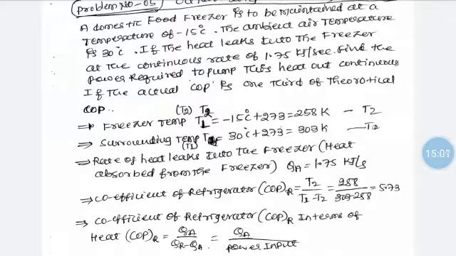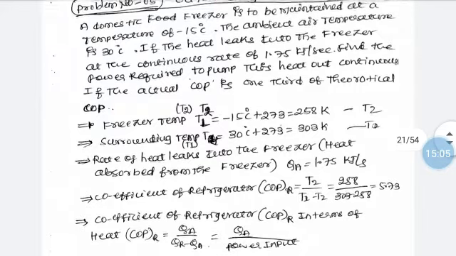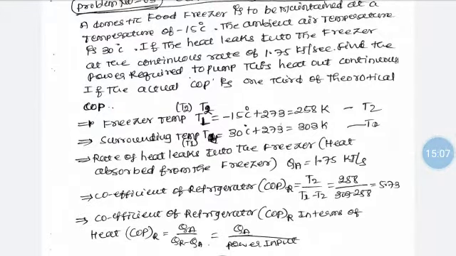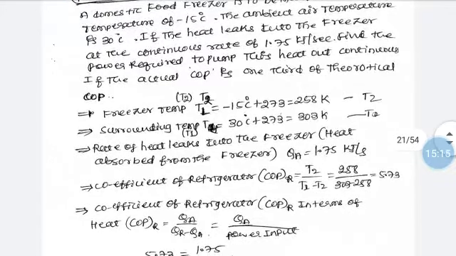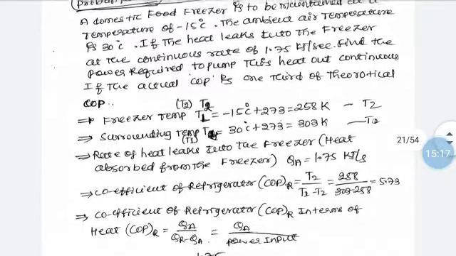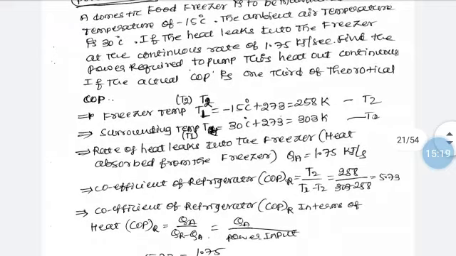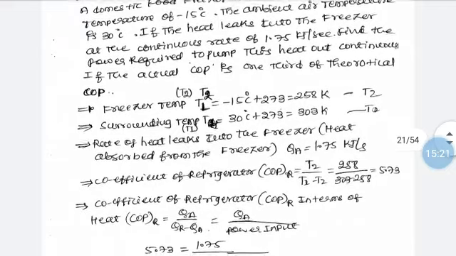So whatever heat is leaking into the domestic freezer, that heat we have to pump out. To pump out that heat from the freezer, we have to calculate what power is required. And he has given the actual COP.